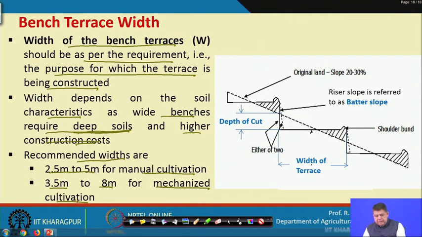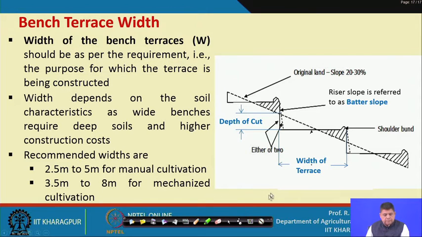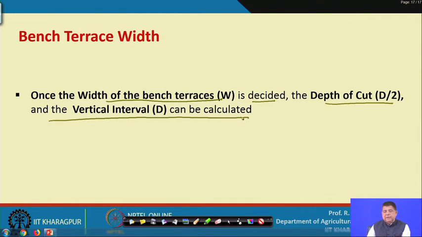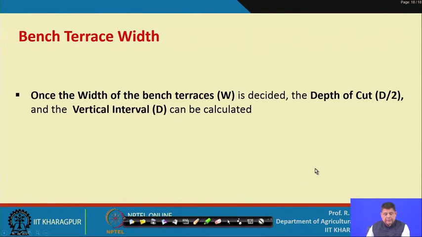So, these are the typical recommended widths. Now, once the width of the bench terrace is decided, the depth of cut and the vertical interval can be calculated. Their relationship can be used for doing this, and we will see how to do that.